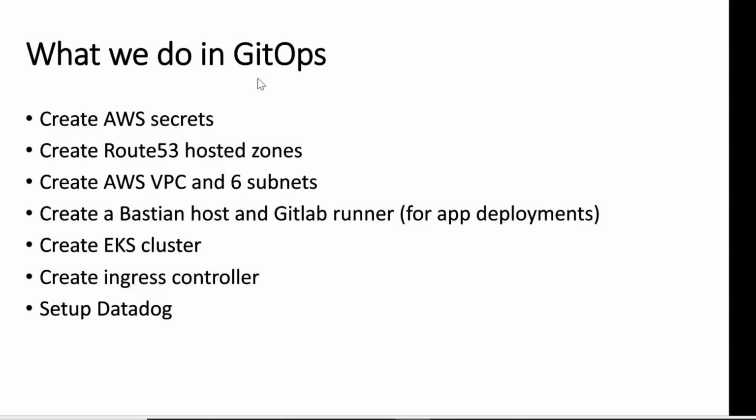DevOps is nothing but development plus operations, right? Similarly, GitOps is nothing but version control system plus operations. The simple logic is how we put our code in the version control system and, without any manual intervention, deploy into the target environments.